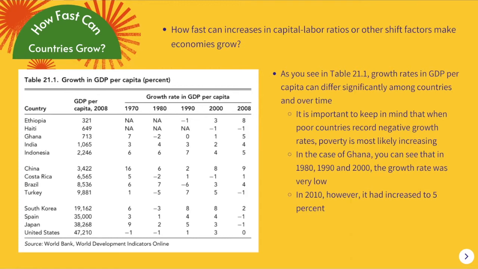The variation recorded in the table alone ranges from, let's say, -6 or -5 up to 16%. It is important to keep in mind that when poor countries record negative growth, poverty will most likely be increasing in that country.